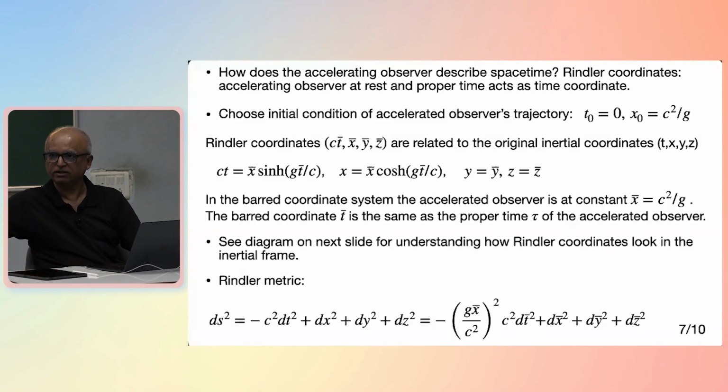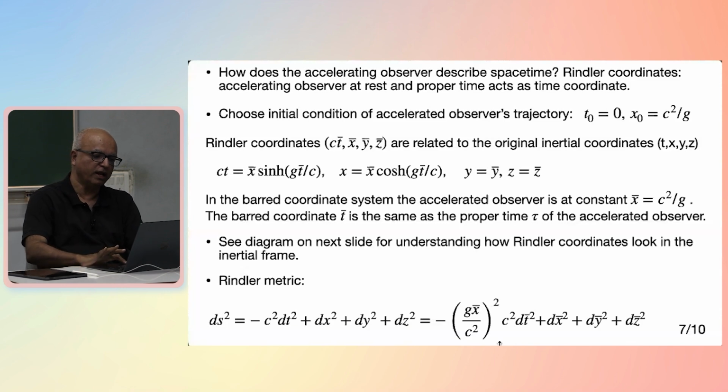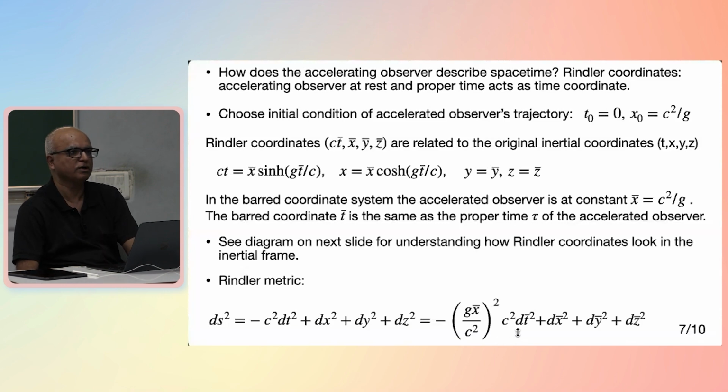I am accelerating, but that cannot be distinguished from an inertial frame with a gravitational field. You get that, no? Either I am accelerating here with the acceleration g, or there is an inertial frame in which there is a uniform gravitational field g, and hence this will be the metric.